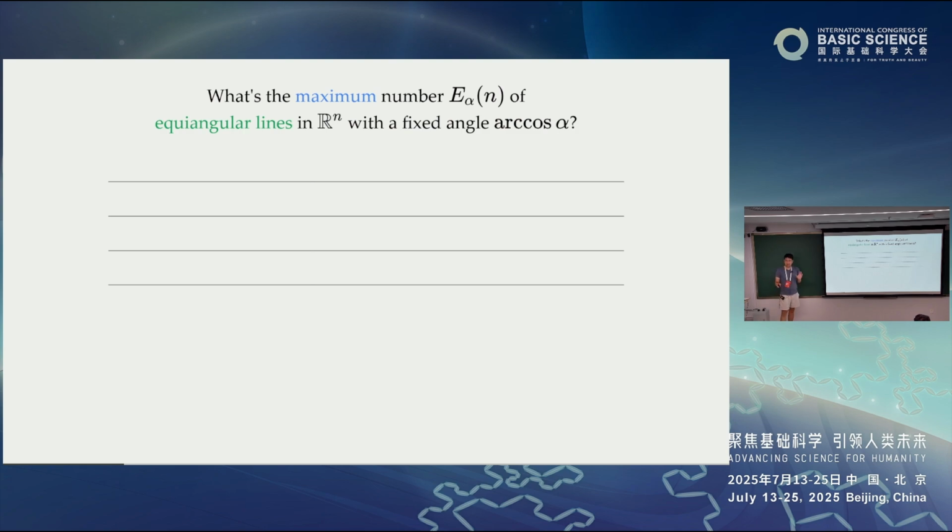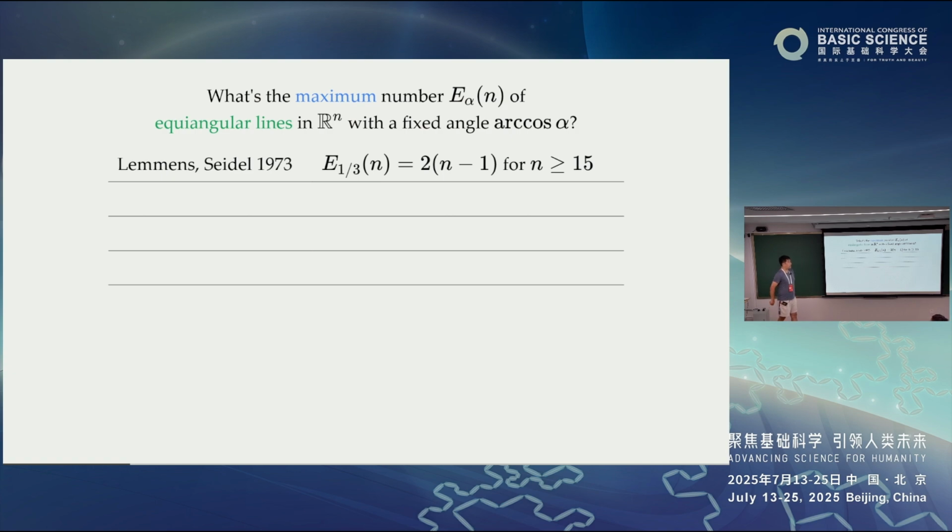For some technical reason, alpha, which is the cosine of this fixed angle, turns out to be more important than the angle itself. The reason will be more obvious later. Before our work, there was already some buildup to a general conjecture for this number.